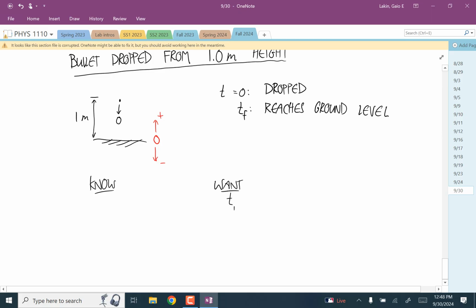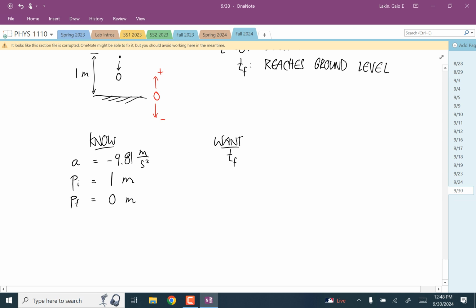We want to find the final time. The acceleration is negative 9.81. The initial position is positive 1 meter. The final position is 0 meters.